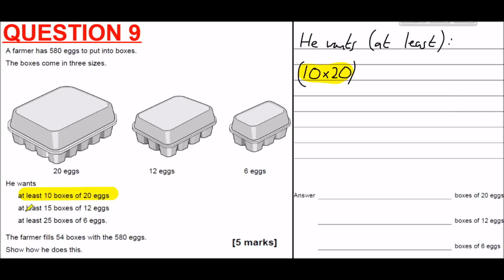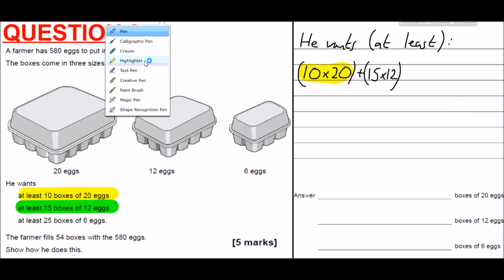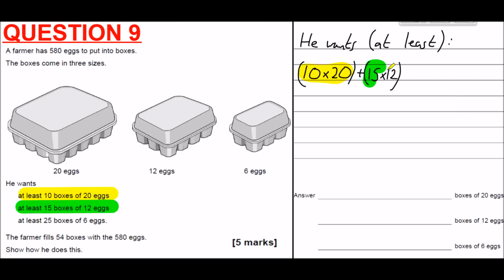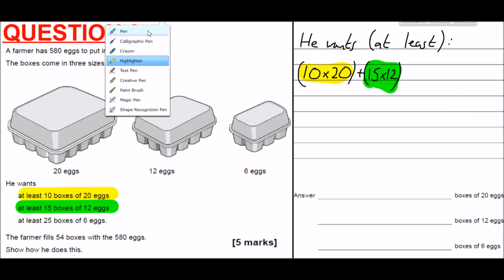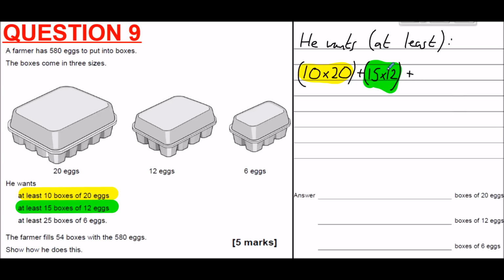Another thing it says is at least 15 boxes of 12. So that means at least 15 boxes of 12, which is 15 times 12. And then finally, it also says that he wants to have at least 25 boxes of 6 eggs.